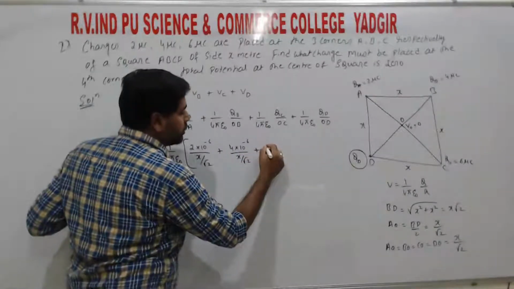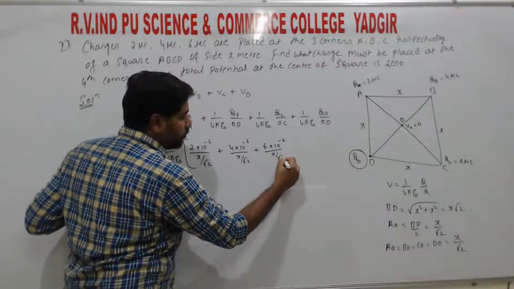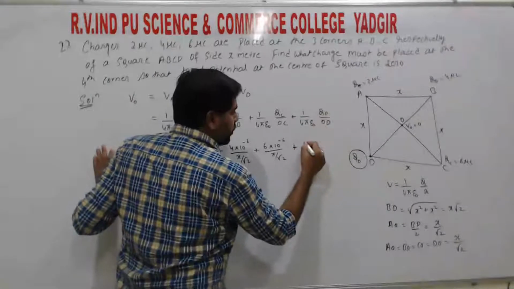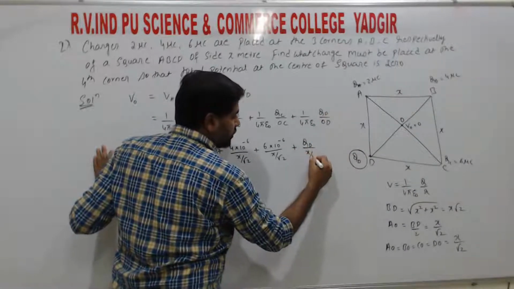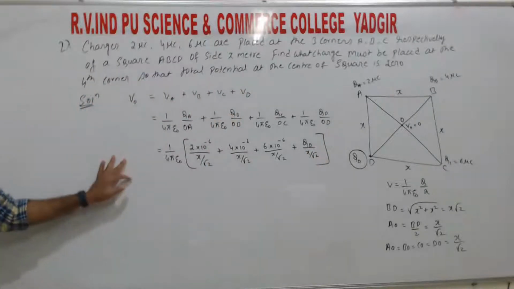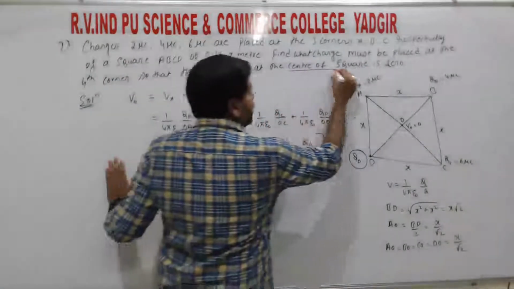Again QC, 6 into 10 to the power of minus 6, by x by root 2. Again plus QD, which we don't know. We are going to find the charge QD, and the distance is x by root 2. The given condition is that the potential at the center of the square is 0.